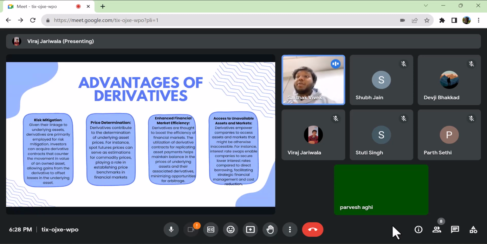Sir, there are certain markets and assets that we personally cannot look into, but derivatives help you get access to them. It lets the company secure low interest rates compared to direct borrowing, facilitating strategic financial management and also heading towards cost reduction. Then next slide.